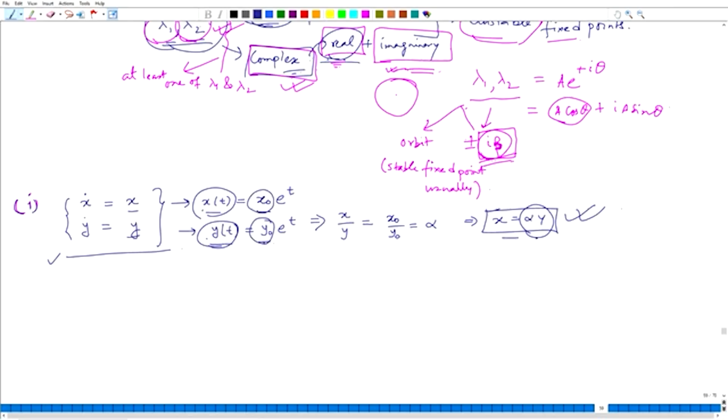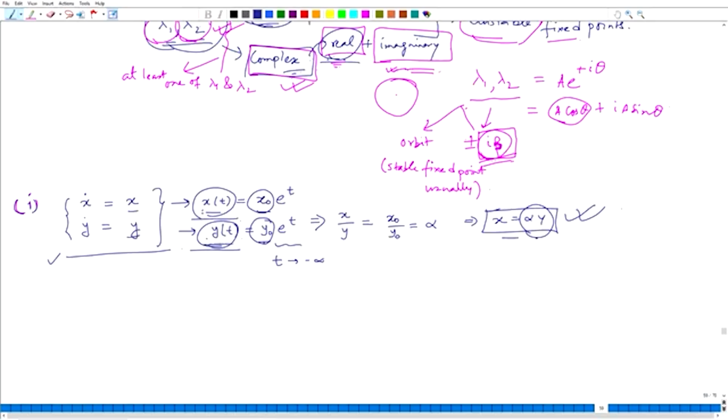Actually, only for t tending to minus infinity will it go to 0. So, it is an impossible case for this type of motion to have 0 displacement in phase space x and y.